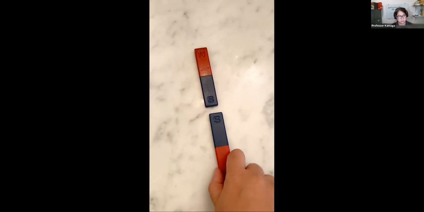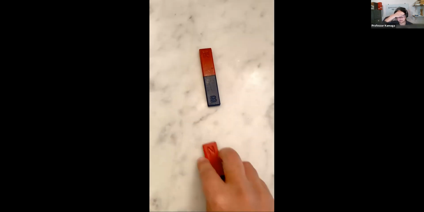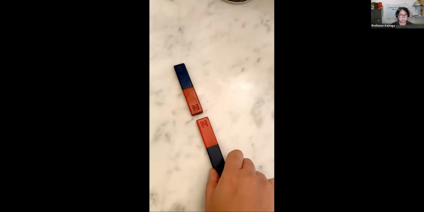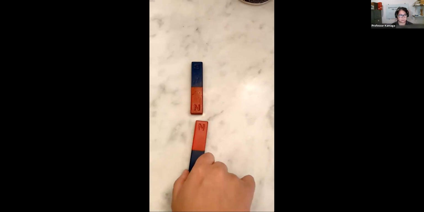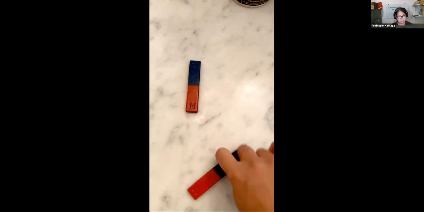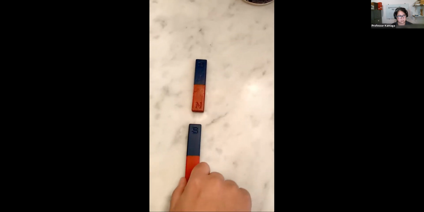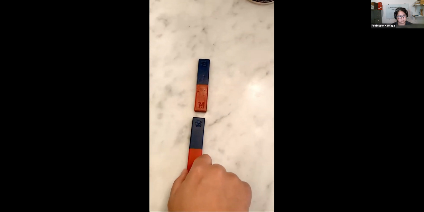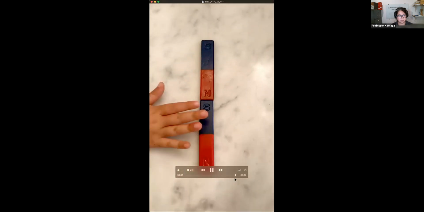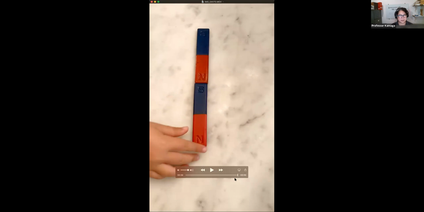They don't like each other, right? North and north. And unlike poles, north and south, stick and attract. So, as you saw, like poles repel, unlike poles attract.